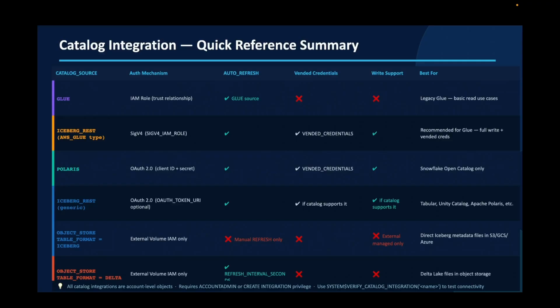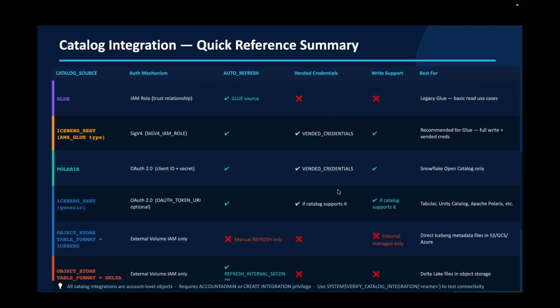A quick summary of the different external catalog sources and the auth methodology, auto refresh, vendor credentials, write support, and best for. So if you closely take a look here, vendor credentials are available for Iceberg REST catalog, generic or any catalogs that support Iceberg REST.